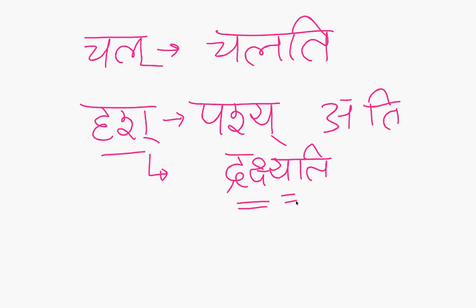It is not because of the vikarana pratyaya. If you look at the lit lakara of drishya also, it becomes dadarsha, etc. So drishya remains intact there. It doesn't change to pashya. Pashya conversion happens only for certain dhatus, and that too only for the four lakaras.